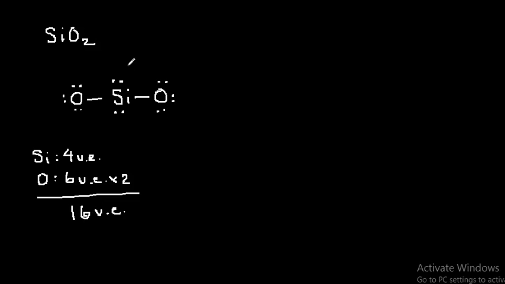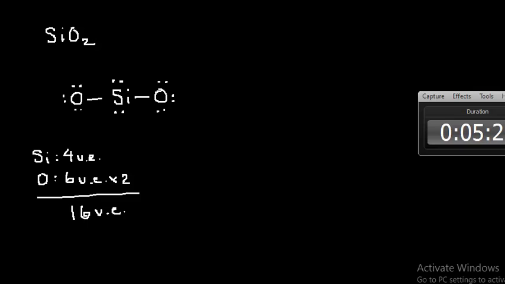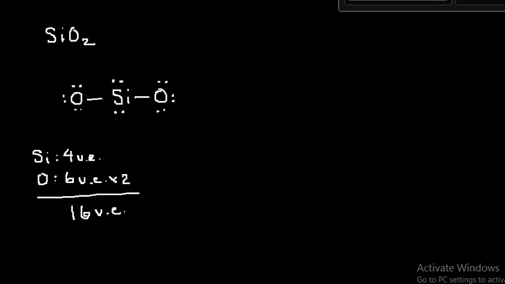So what we have to do here, and I'm going to switch colors really quickly so that we can see this better, let's do this with blue. What we have to do here is take away some of those electrons and make them into double bonds.